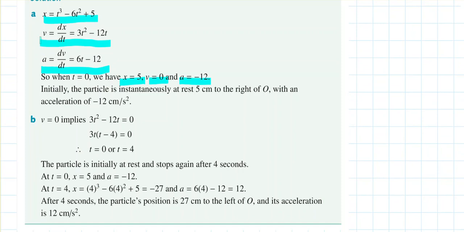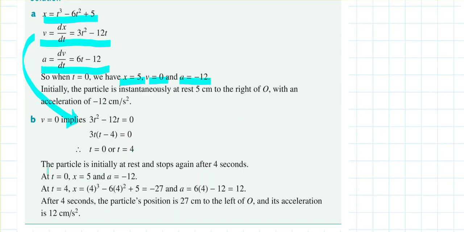First derivative, we're taking this down here. 3t squared minus 12t equals 0. This is factorized, we can take out a common factor of 3t, so 3t times t minus 4 equals 0. It's only 0 if one factor is 0, so if t is 0, we're going to get an answer, and of course if t is 4, we're going to get the answer 0.